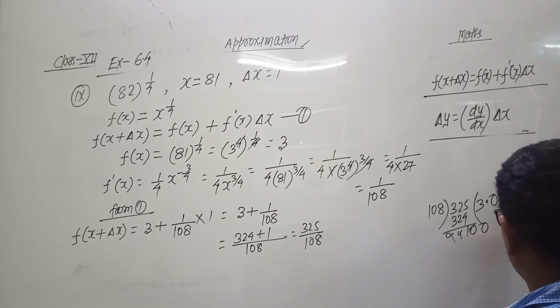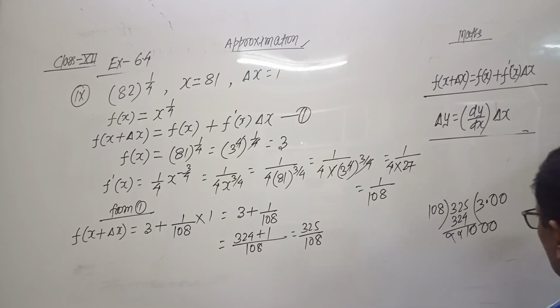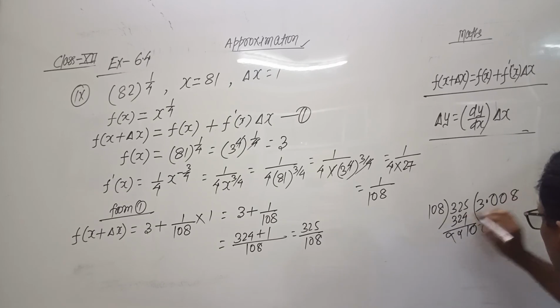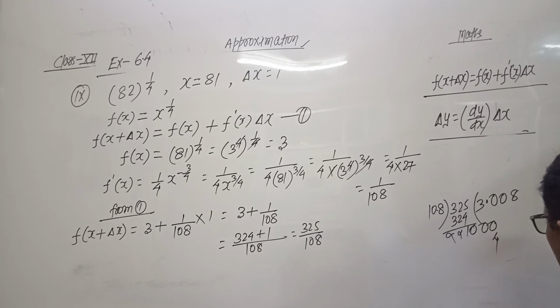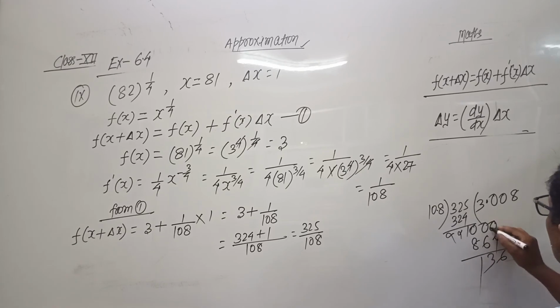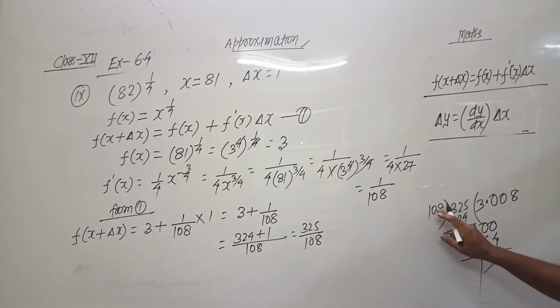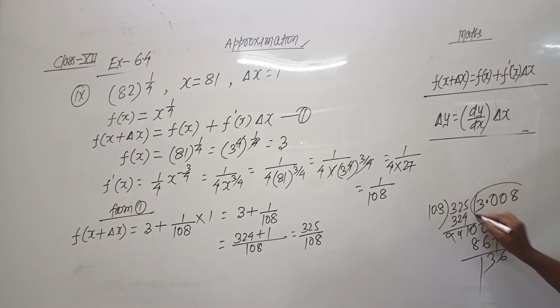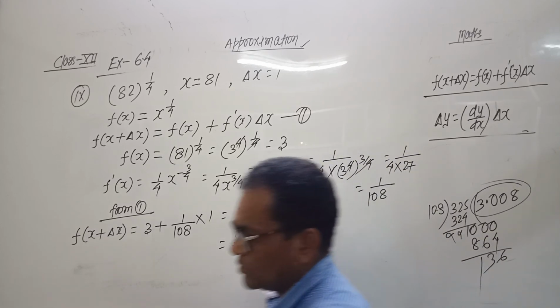Then 0, then again 0. Now it goes by 8. 8 into 8, 64. 3.008.